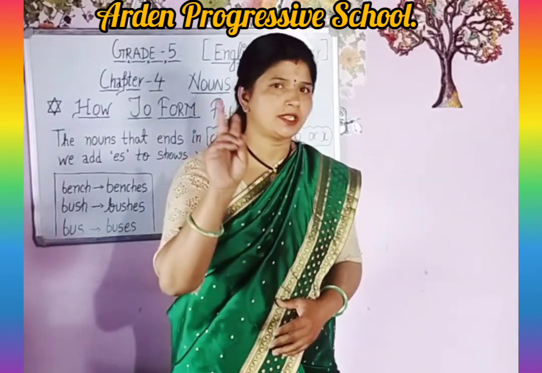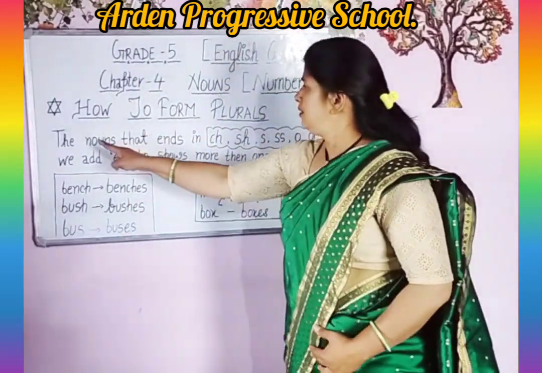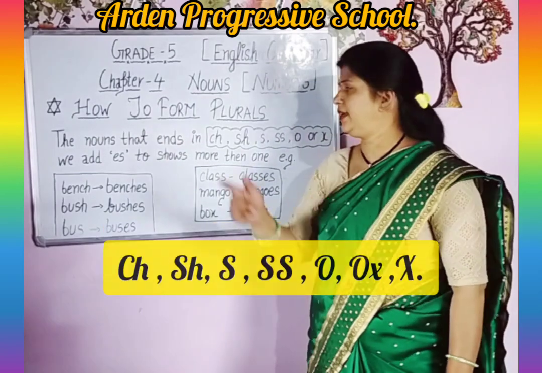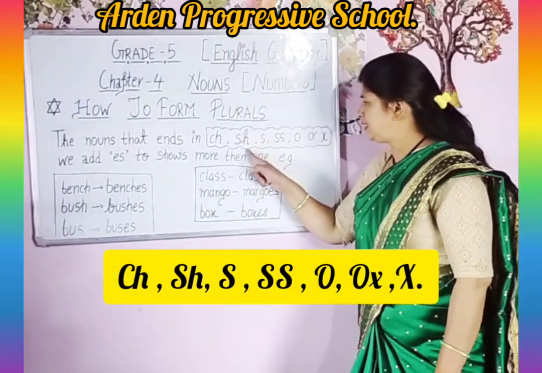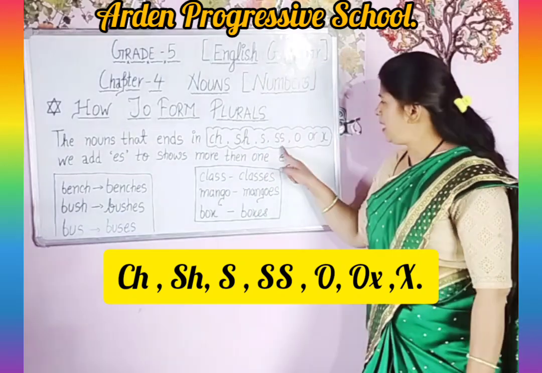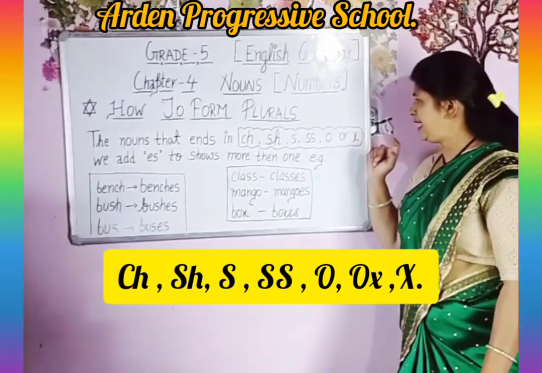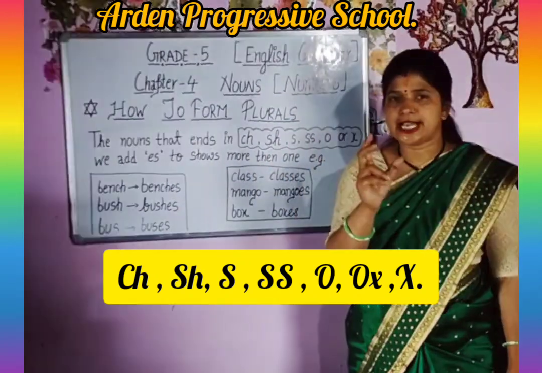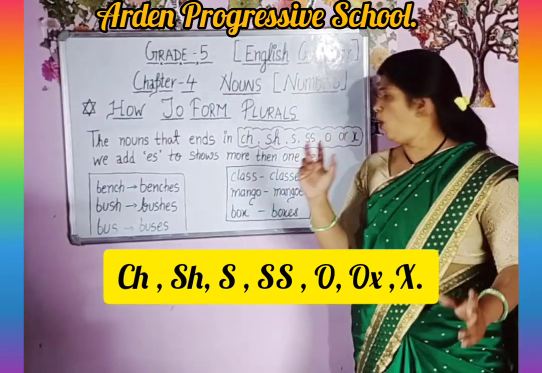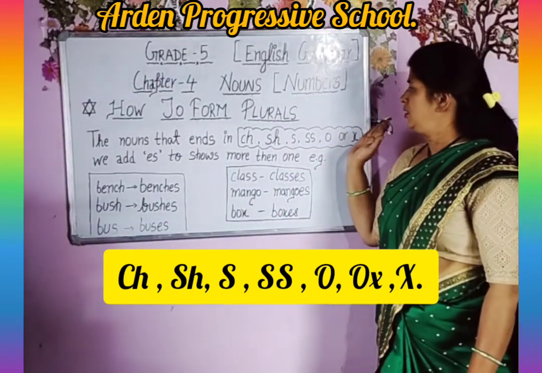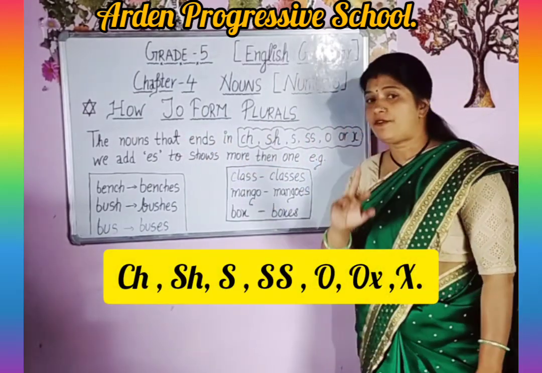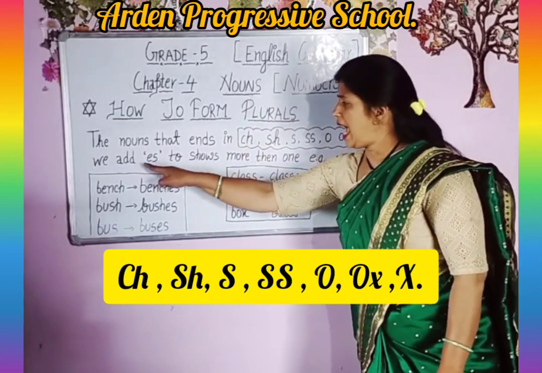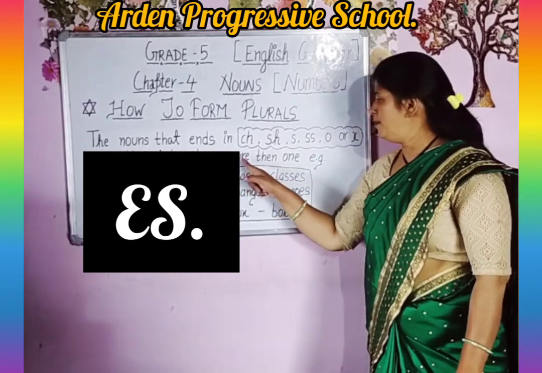Kids, now rule number 2 is the nouns that end in CH, SH, S, double S, O or X. That means if the noun is in singular form and it ends with these letters, then we add ES to show more than one.